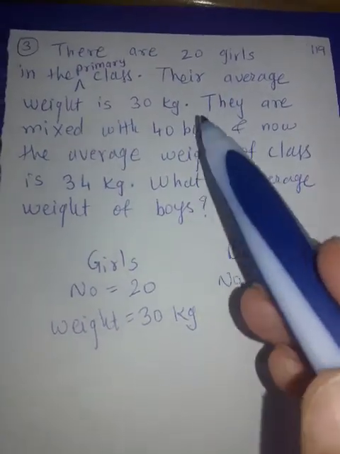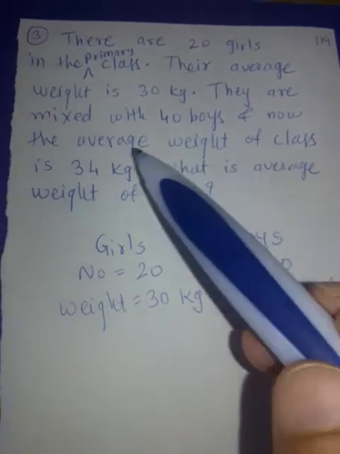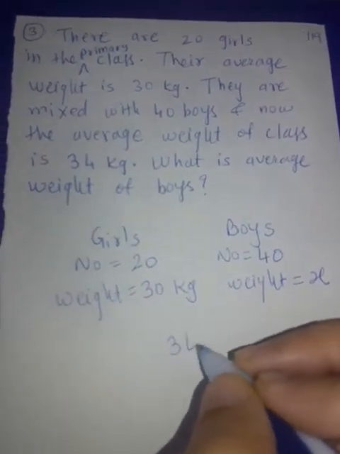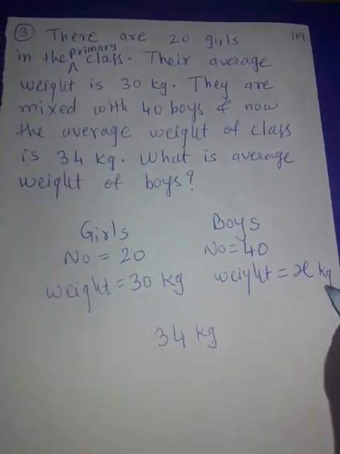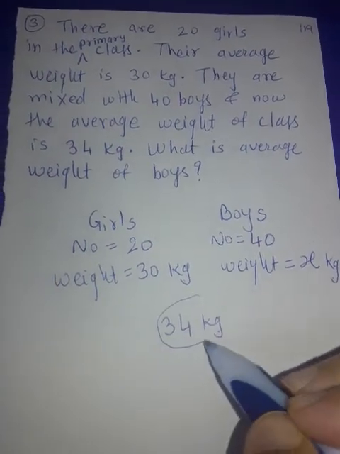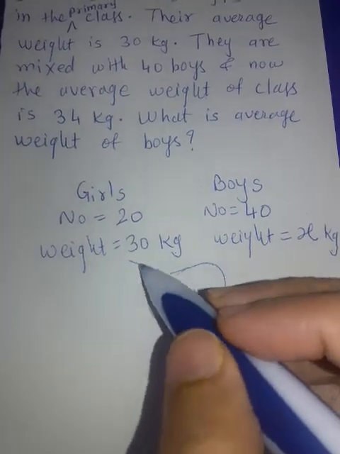And what is the mean? When they are mixed, the average weight of the class is 34. So this is 34. This is also kg. Kg, kg, kg. Getting it? This is the mean. Do you understand how I put this?